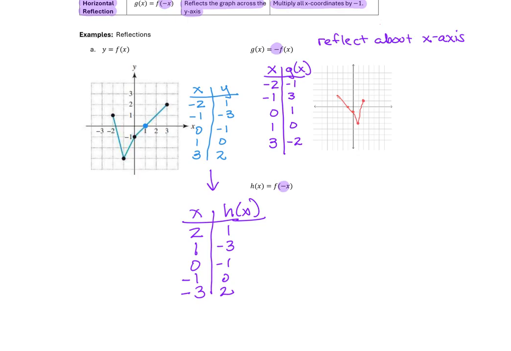And for this one, what we're actually doing is we are moving everything from the right to the left, and everything from the left to the right. And so this is a reflection about the y-axis.